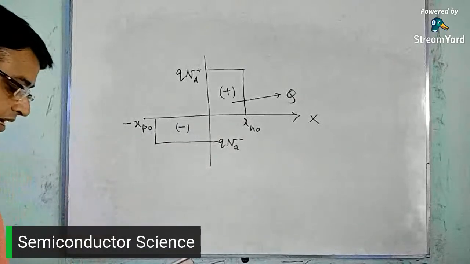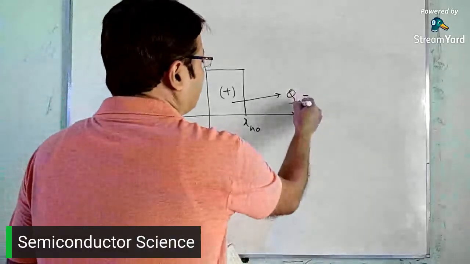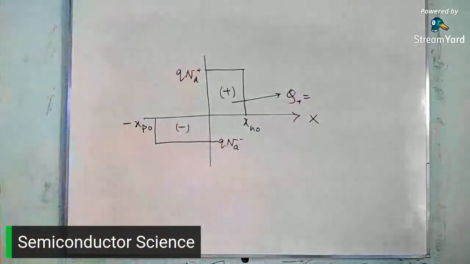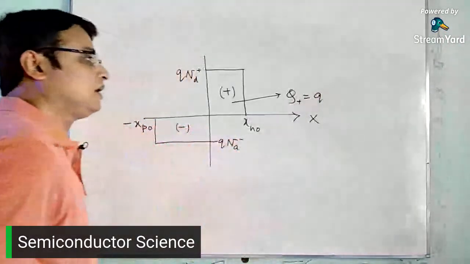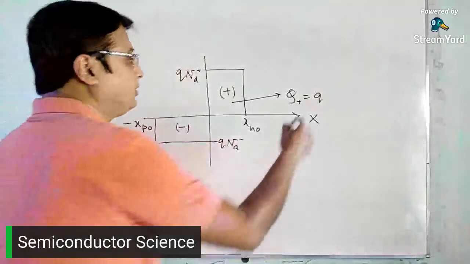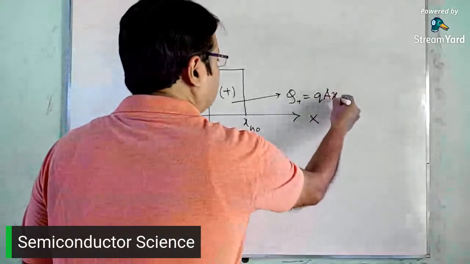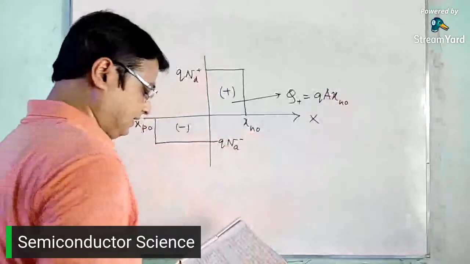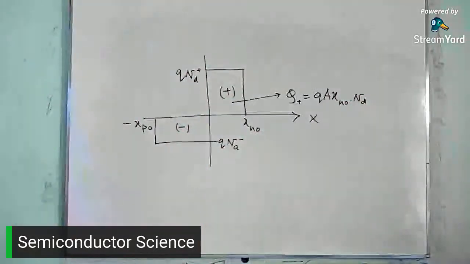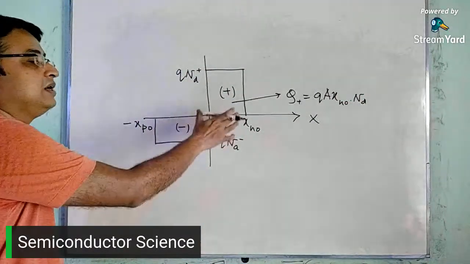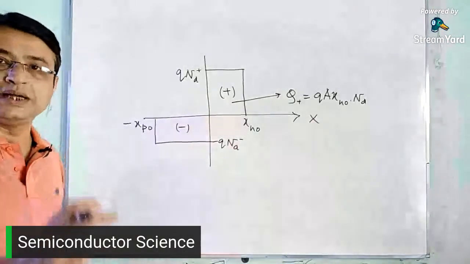Then the amount of charge is Q plus, equal to the charge q, times the cross-sectional area A, times the width xn0, times the donor concentration Nd. This is the amount of charge in the N-type side of the depletion layer.